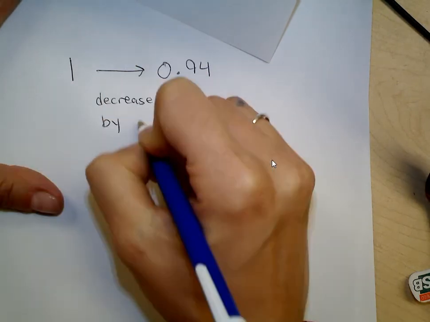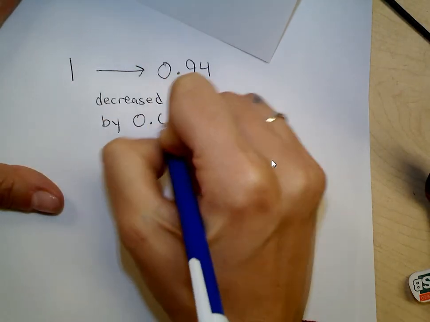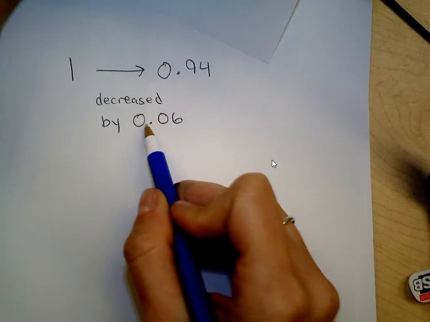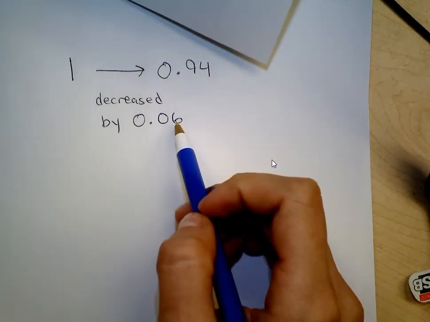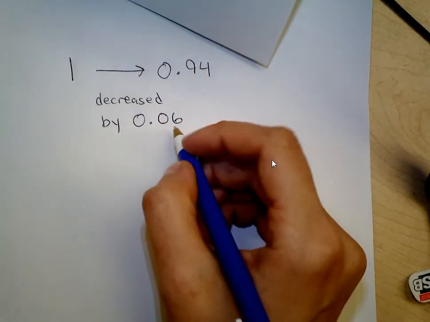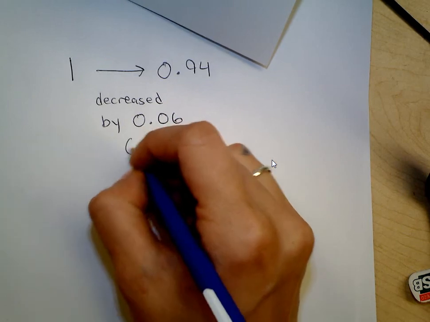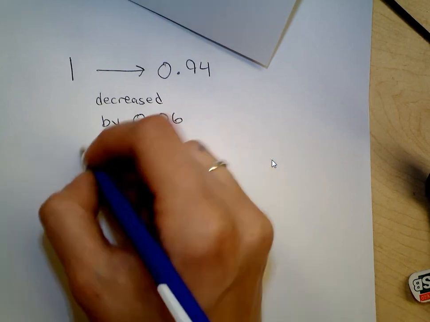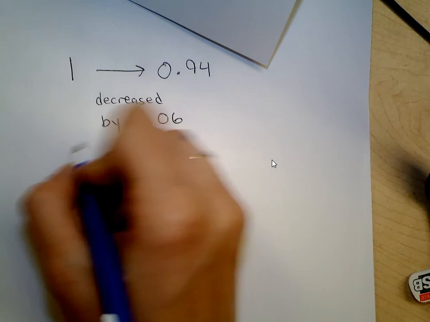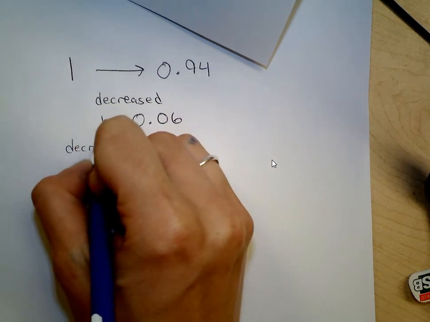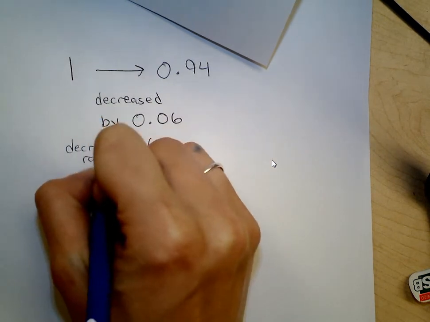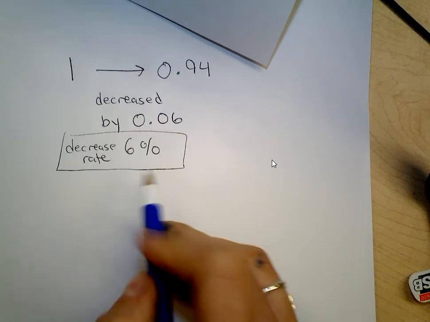by 0.06, not 0.6, 0.06. So I'm actually decreasing at a rate of 6%. That's my change. So decrease rate of 6%. That's what I'm changing each time.